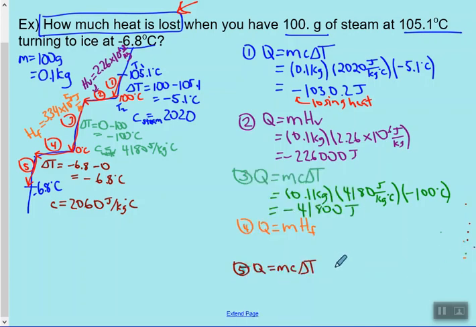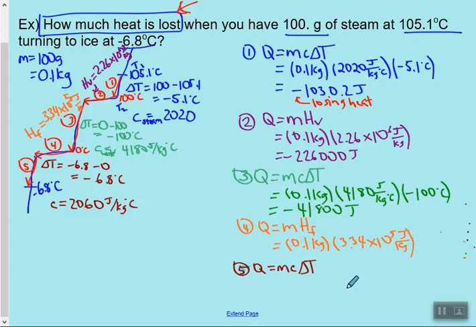Next step. So Q equals mHF. So M starts 0.1 kilograms. HF is 3.34 times 10 to the 5 joules per kilogram.